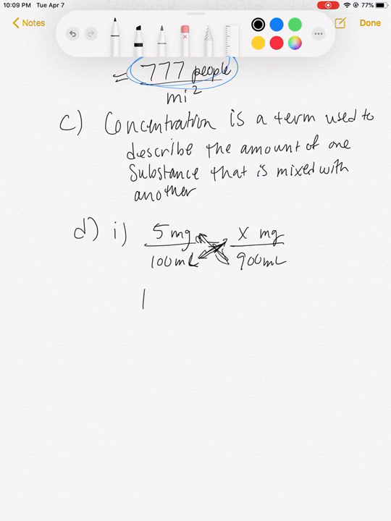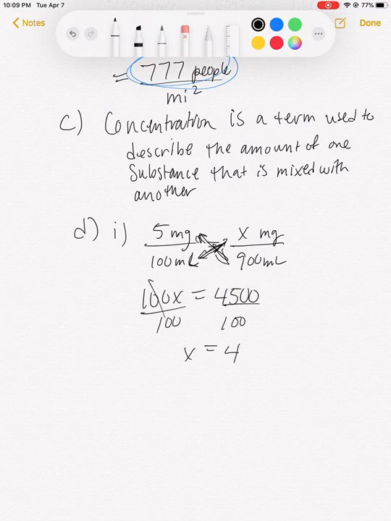So 100x is equal to 4,500, that's what 9 times 5 is. Divide by 100 on both sides, and therefore x is equal to 45 milligrams. So if you need 900 milliliters of the same solution, you need to put in 45 milligrams of dextrose.